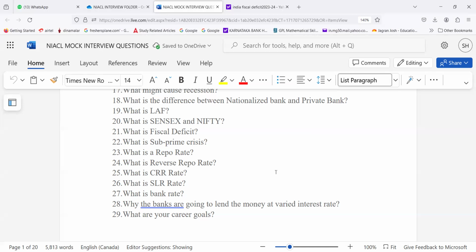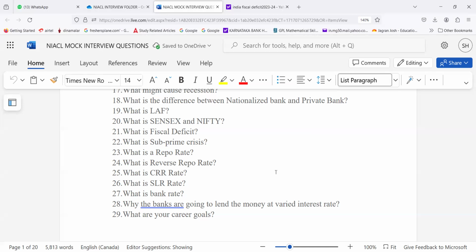Where banks want facility for longer than 90 days, they have to borrow at the bank rate, which is at present 6.75%.